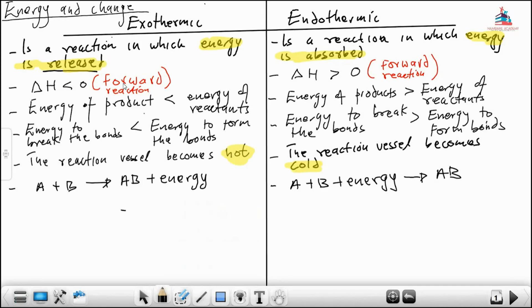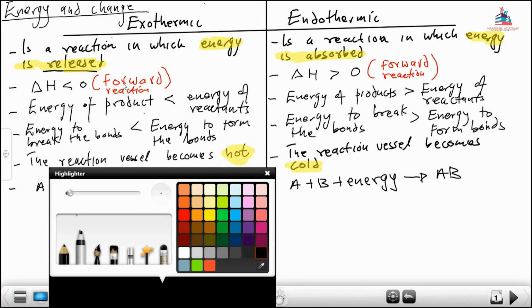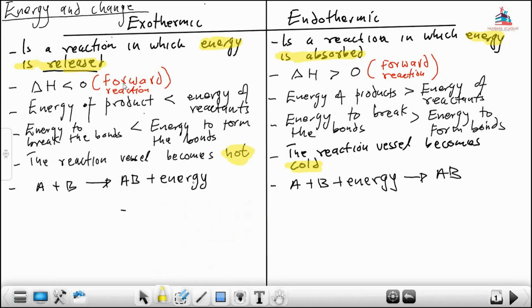The reason for that is when I have my reactant A plus B, it produces AB and it releases now the energy. So because the energy now is on the side of the products, it tells us that energy was released.